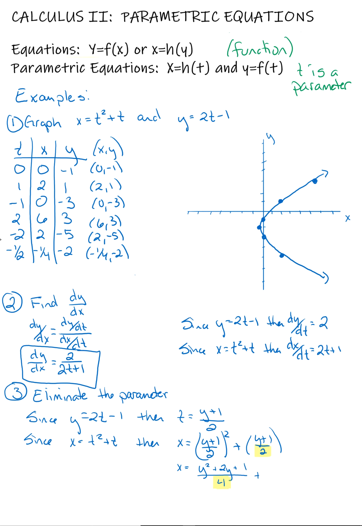Let me get the common denominator on those, and that would give me 2y plus 2 over 4. Then we can combine those. We get x is equal to y squared plus 4y plus 3 over 4. Ta-da! There we go.